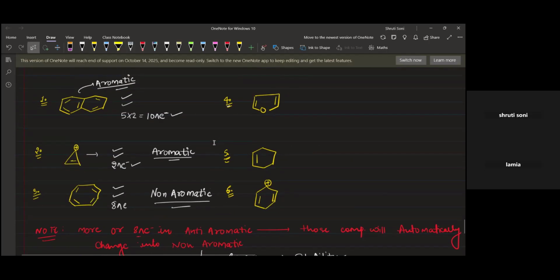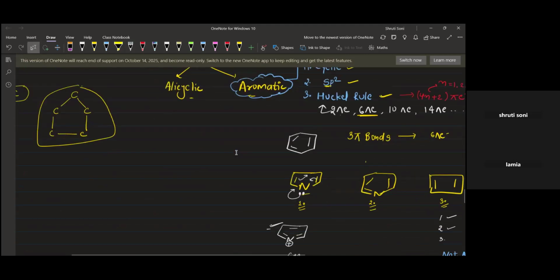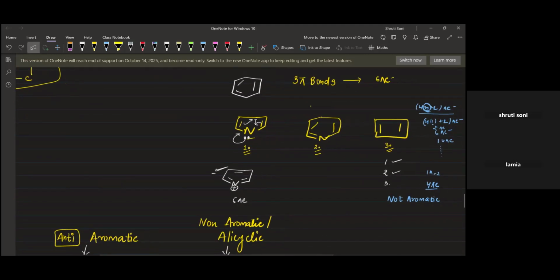The fourth is similar to what we discussed earlier, where in the case of oxygen we put nitrogen earlier. Do you remember that case? This one. So is this aromatic, anti-aromatic, or non-aromatic?